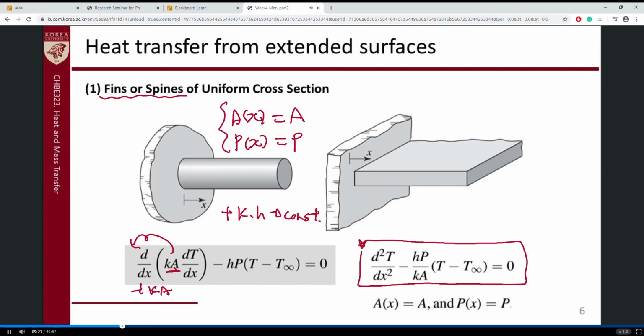Now this is a special equation for fins or spines of uniform cross section. Okay. So once you find this kind of condition, you can start the differential equation from here. Okay.